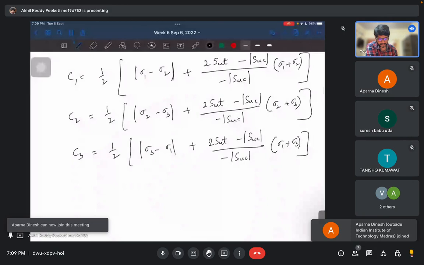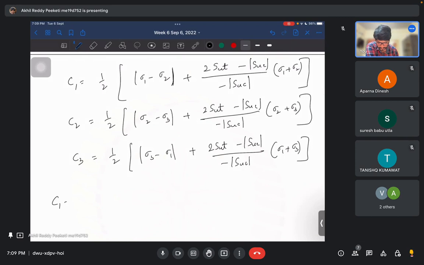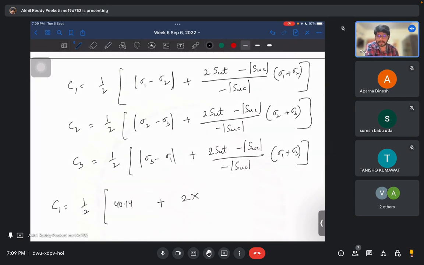Now we know sigma 1, sigma 2, sigma 3, so using those, let's estimate C1. Half into sigma 1 minus sigma 2. Here sigma 1 minus sigma 2 would be 40.14, because sigma 2 is 0, plus 2 into, we are given SUT as 350 and SUC as 550, by 550 into sigma 1 plus sigma 2.